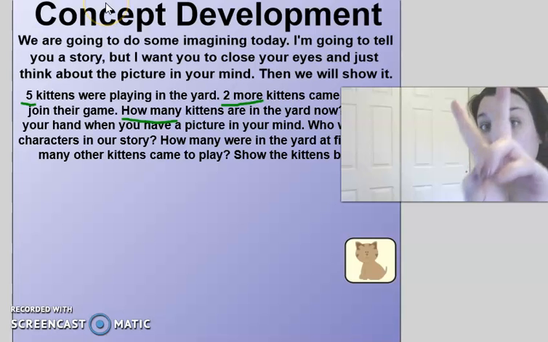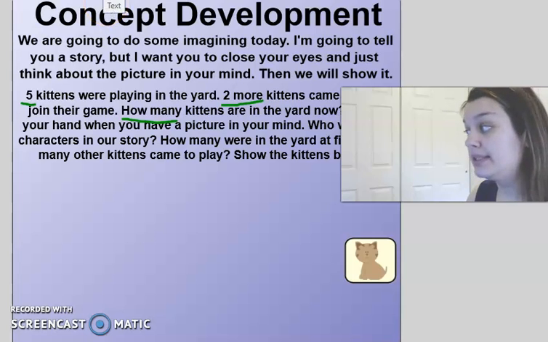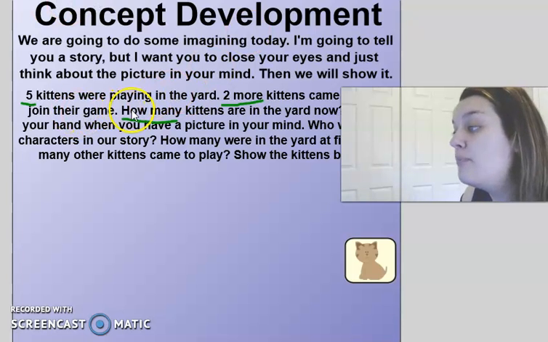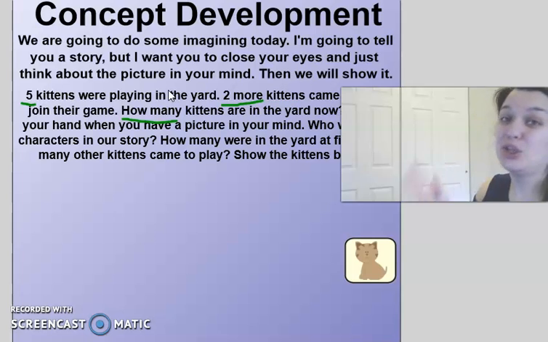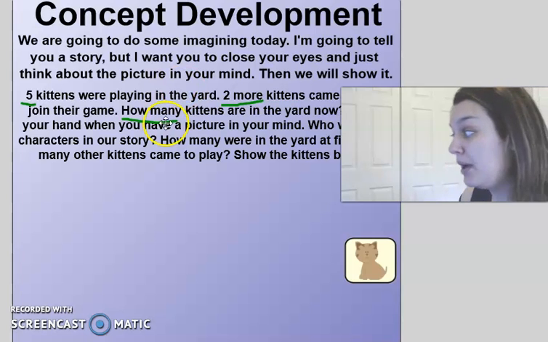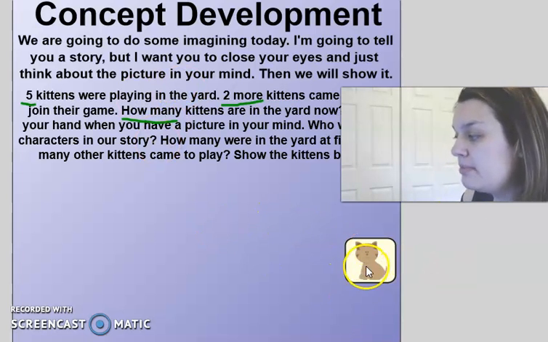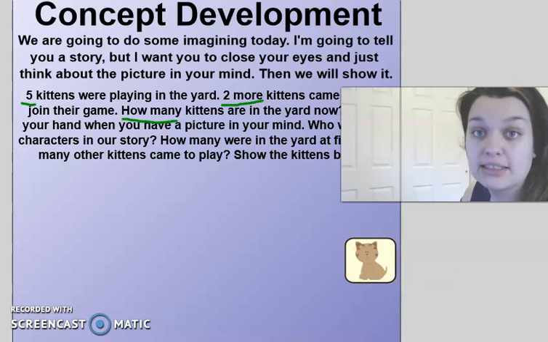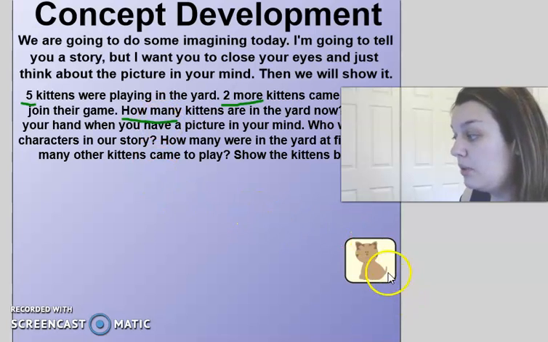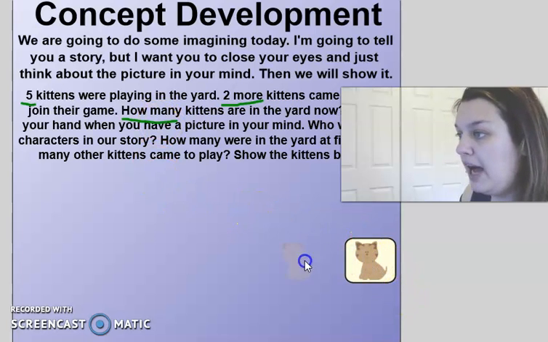I underlined 2 more because I needed to know that 2 more came to play. And I underlined how many because that tells me they want to know everything all together, okay? So let's get a picture going. You can draw cats. You can draw circles, squares, whatever you want to draw. Okay? But let's draw 5.